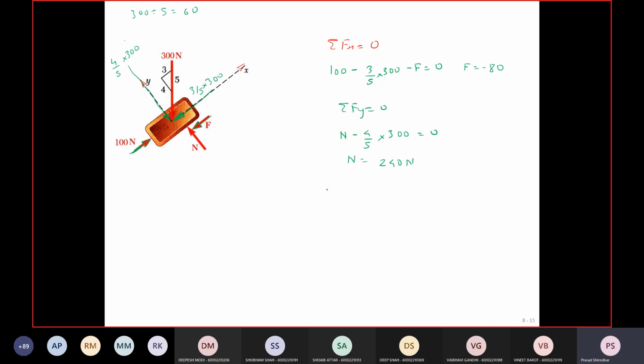Now calculate the maximum frictional resistance. F max is the maximum frictional resistance, that is equal to mu static into N. So how much is that?